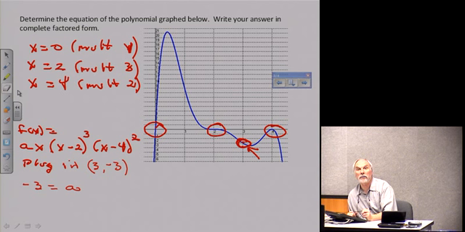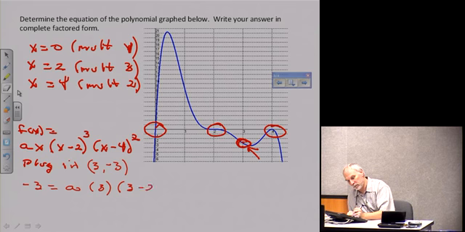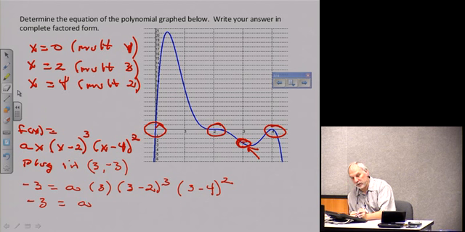So negative 3 equals a times x, which is 3, times x minus 2 cubed, and 3 minus 4 squared, I'm sorry, that's a squared. All right, negative 3 equals a times 3. 3 minus 2 is 1. 1 cubed is 1, so 3 times 1. 3 minus 4 is negative 1.